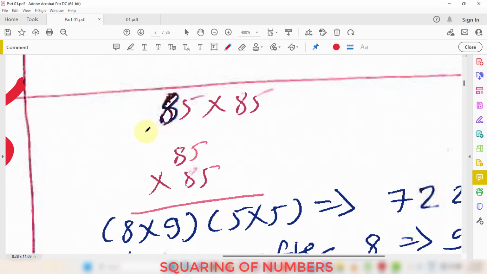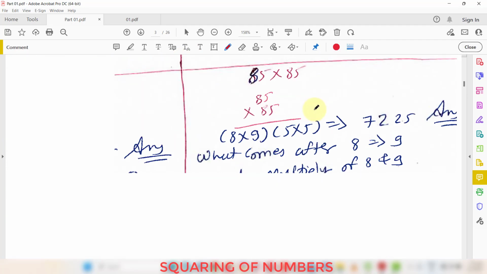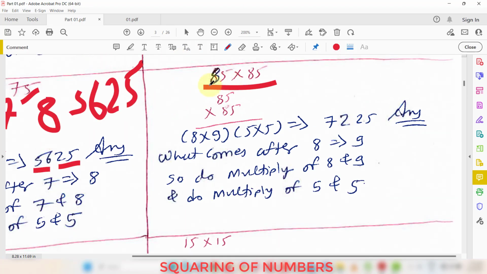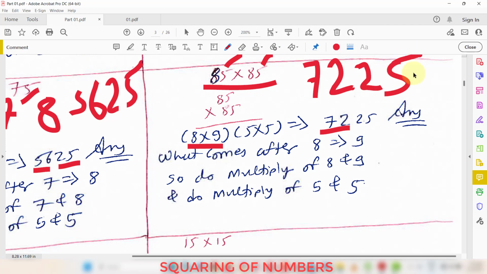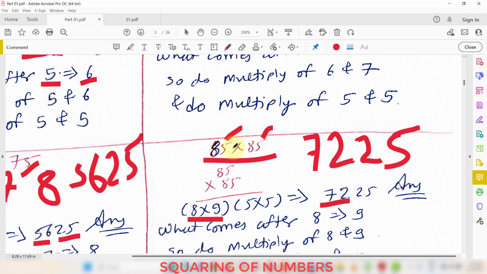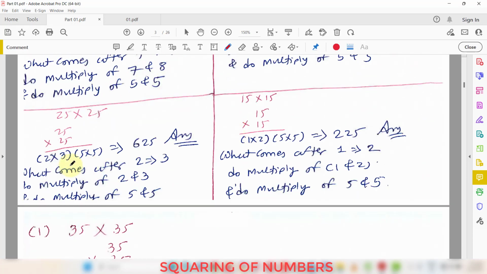Similarly, let's do 85. What comes after the 8? After the 8 comes 9. So 8 nines are 72, and the second part is 5 fives, which are 25. So one thing you can remember: whenever the number ends in 5, the second part of your answer will be 25, because 5 fives are 25, right? Similarly, 25.